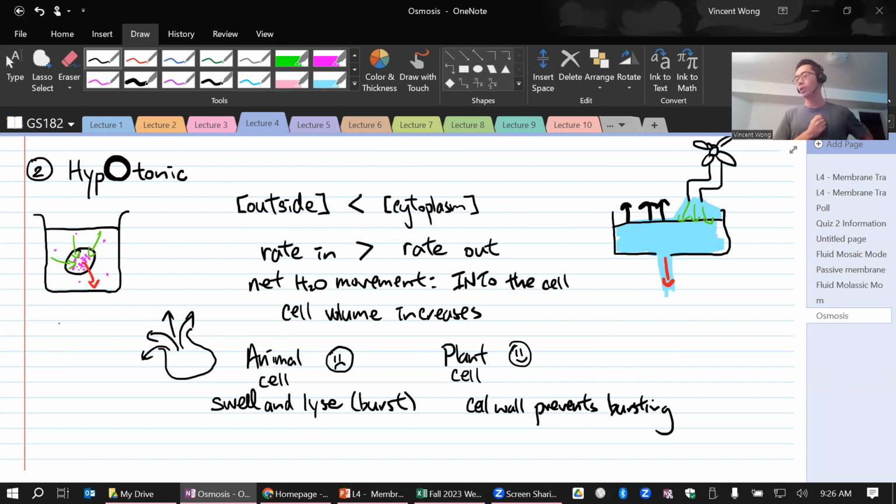This is called water toxicity. Based on what I just taught you, why does drinking an excess amount of water in a short period of time, why is that lethal? Why could that potentially kill somebody? Too much to process?